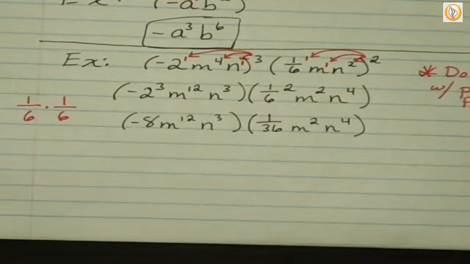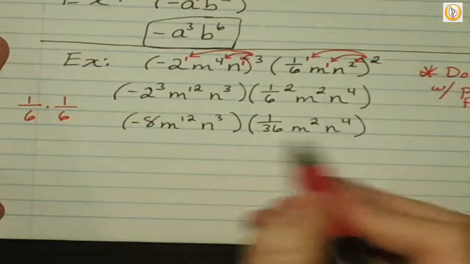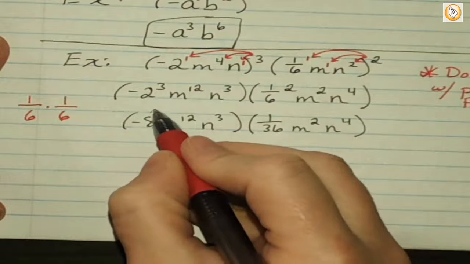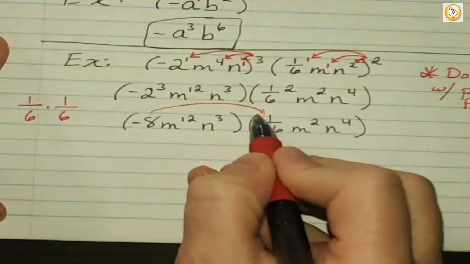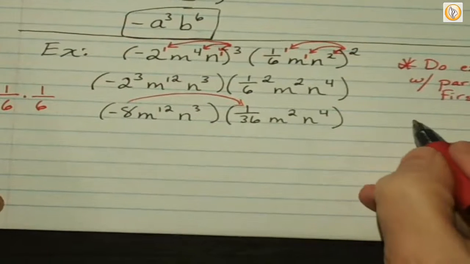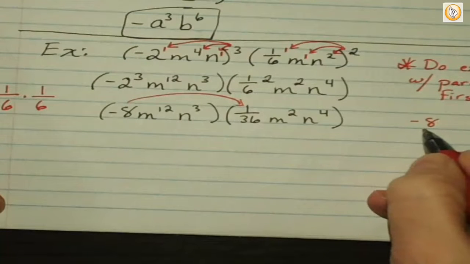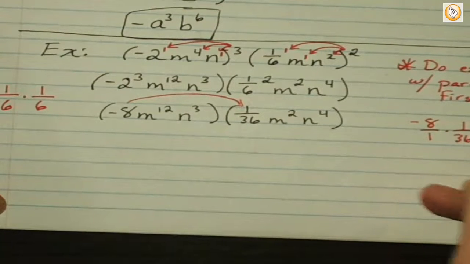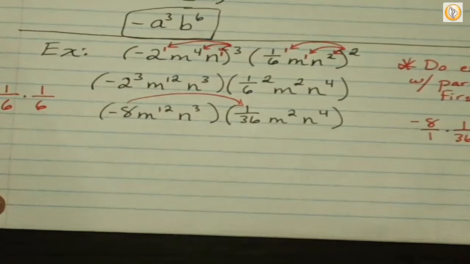Okay, now we start pretty much combining. It's all being multiplied. So -8 times 1/36. Remember, -8 over 1 times 1/36. Raise your hand if you got the answer.